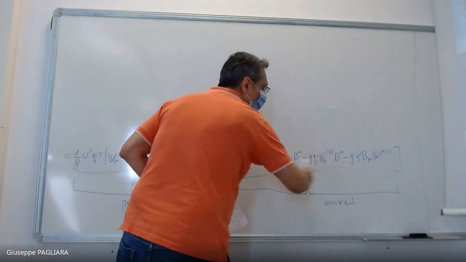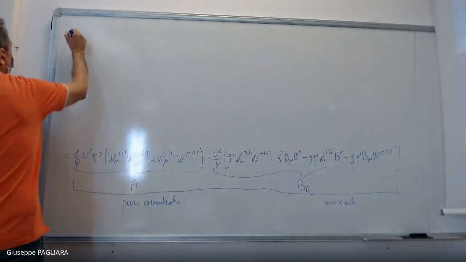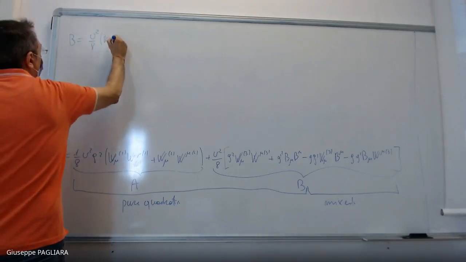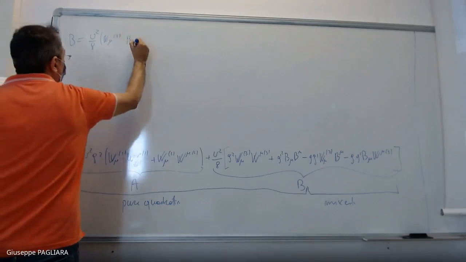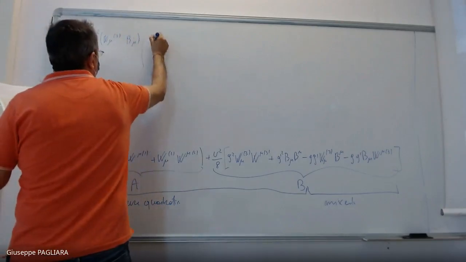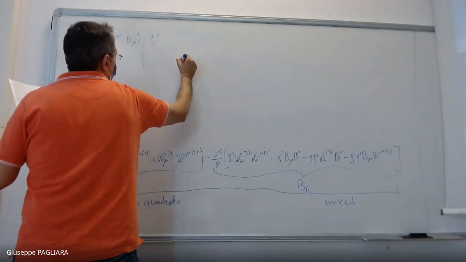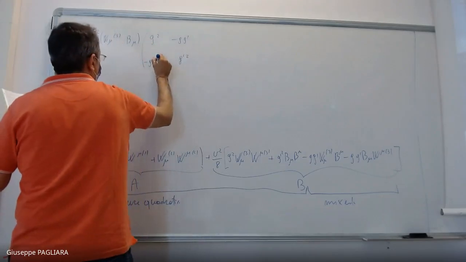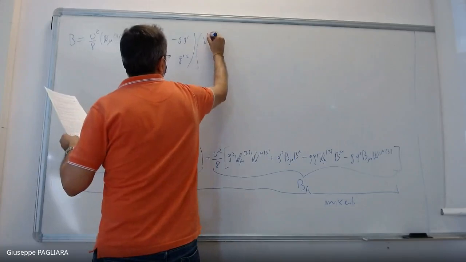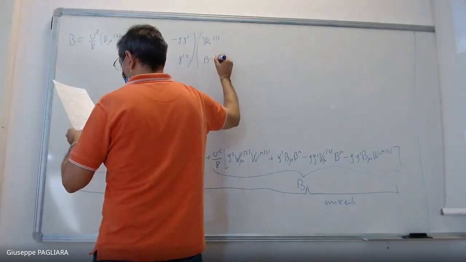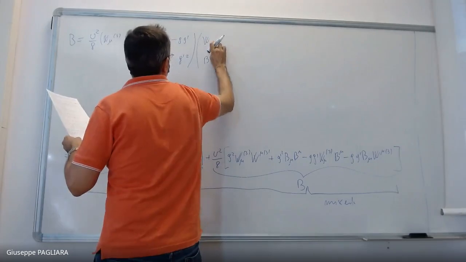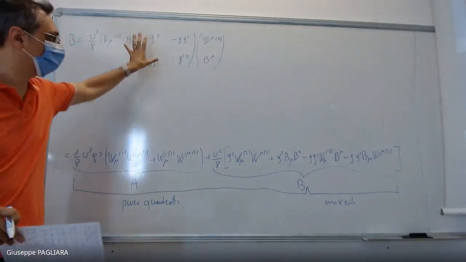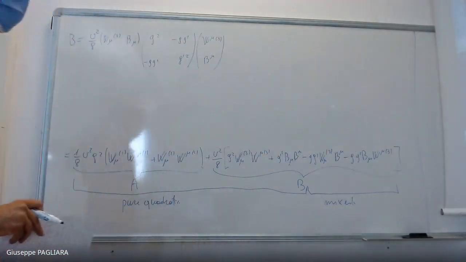Actually, this term we can write in a more useful way, as v squared divided by 8, W3 mu, B mu, then a matrix g squared, minus g g prime, minus g g prime, g prime squared, and then W3 and B mu. Okay, you can check yourself that this expression is totally equivalent to this one. Just do the matrix product.